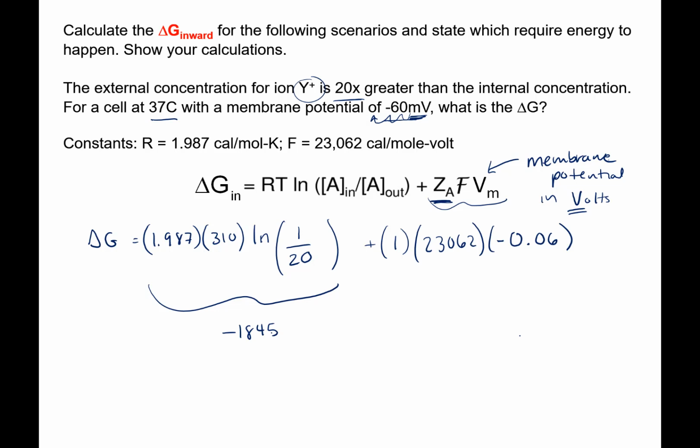23062 times negative 0.06, oops, I don't know what I did, 23062 times 0.06 negative equals negative 1384, and we add these two together and we get negative 3229.